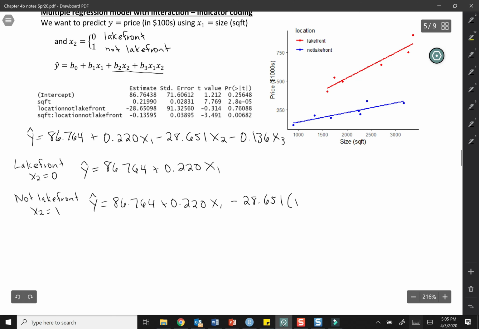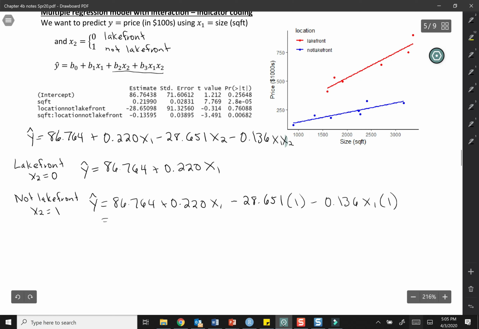Obviously you're multiplying times 1, that doesn't really do anything. Minus 0.136. And I should really put, instead of putting x3 here, let me write it as x1, x2. That's a little bit more clear. Okay, so when I put in x2, I'm left with minus 0.136 times x1 and plugging in a 1 there.